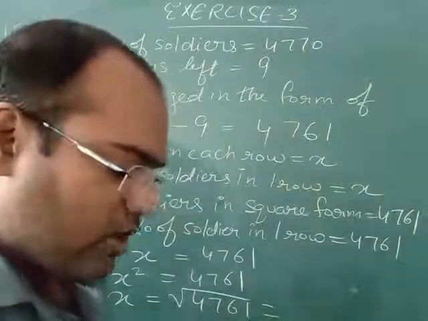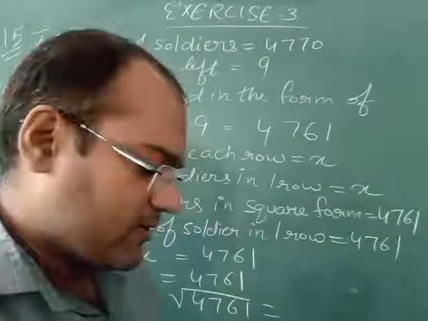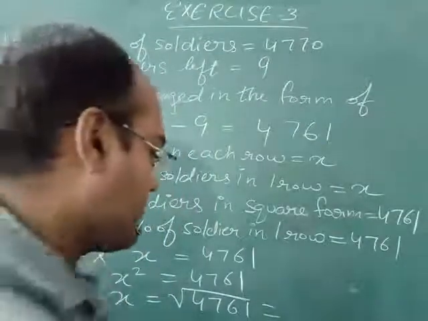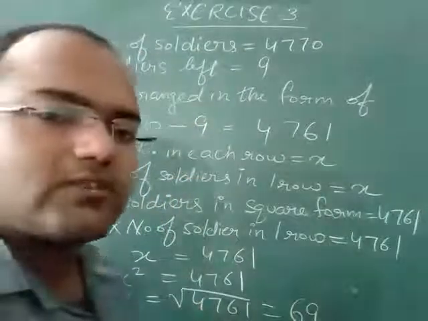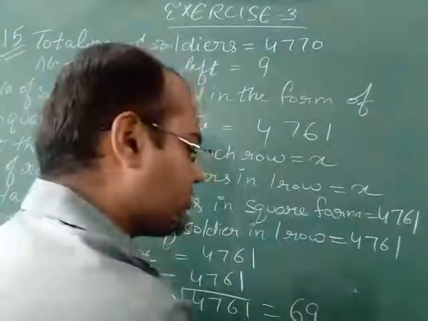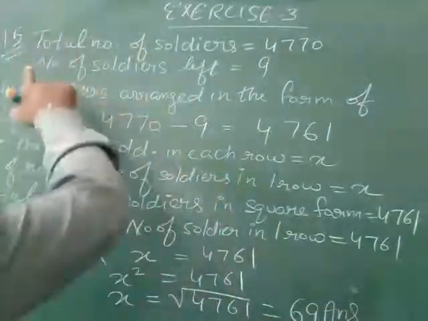When you find the square root of 4761, you will get the answer 69. So this is your final answer. So like this you have to do question number 15.